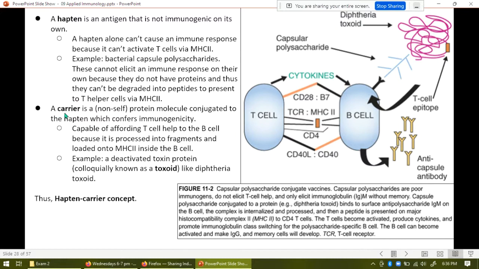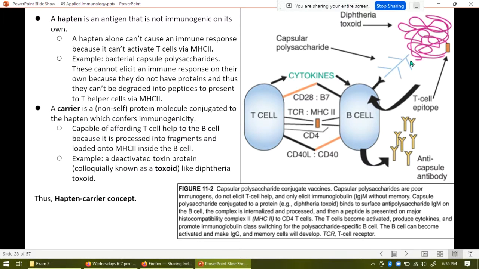So the carrier is a non-self foreign protein molecule, typically a toxoid, and it's been conjugated to the hapten. And what it does is it confers immunogenicity. So it allows an immune response to actually happen, a memory immune response. So it affords T cell help to the B cell. Therefore, you have the hapten-carrier concept.